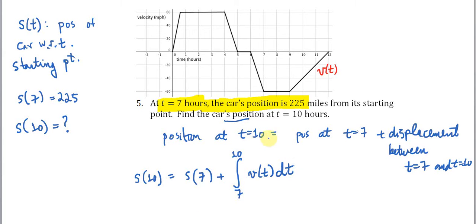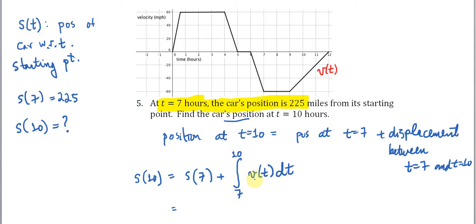So when I say what happens between 7 and 10, I'm referring to this definite integral. Between 7 and 10, there's some displacement, and if we add it to the position at time equals 7 hours, then we have our answer.